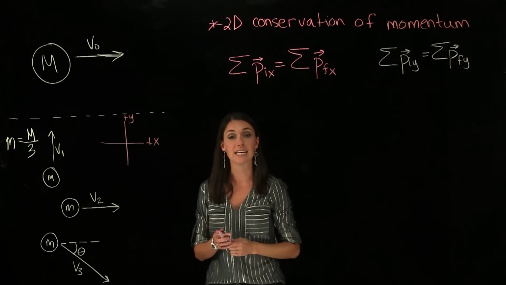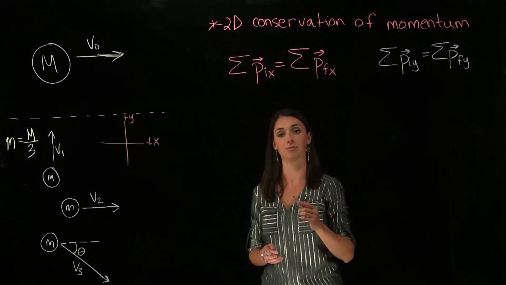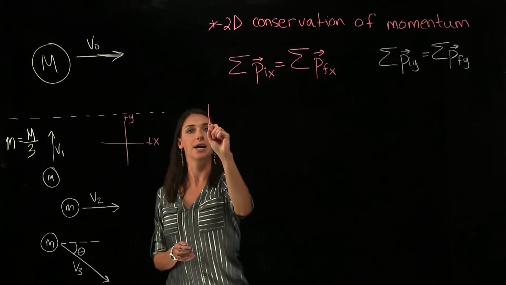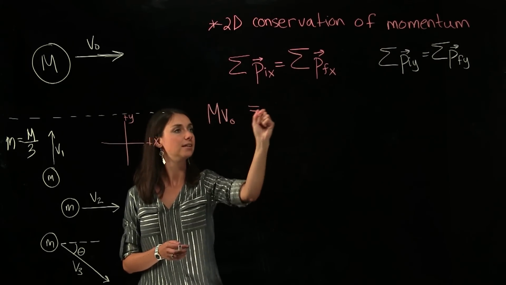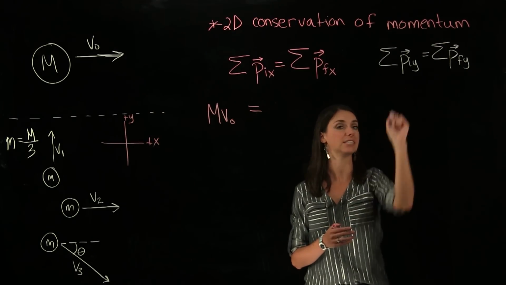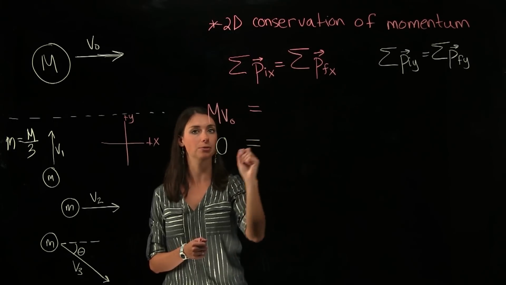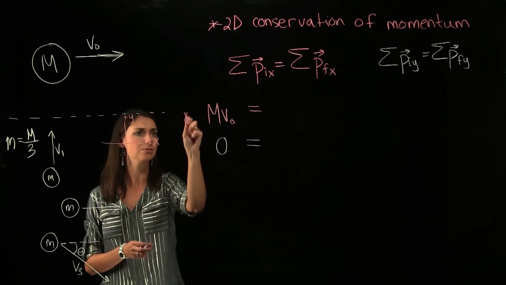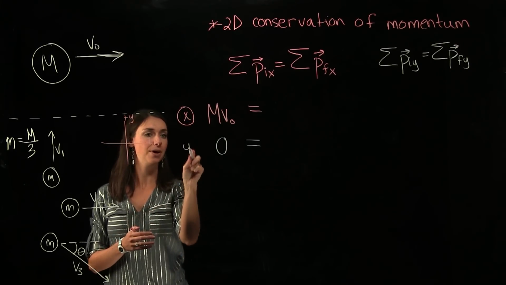So all of the initial momentum is going to be associated with the horizontal dimension instead of the vertical. So my initial side would be capital M v naught for the x direction, and then for the y direction, we have actually nothing. So the initial y momentum is going to be 0. Just to be clear, one equation is for the x direction, and this equation is for the y direction.